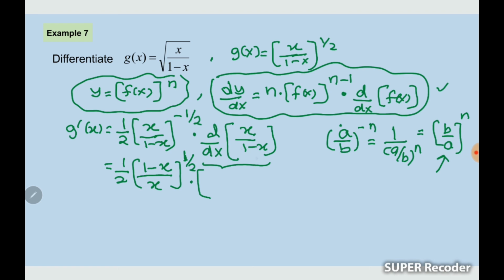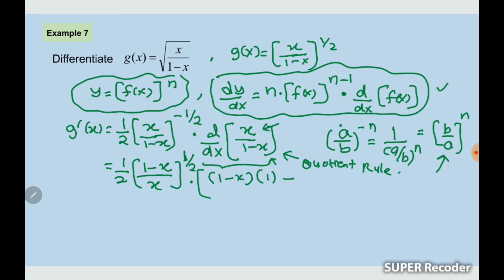To differentiate x over 1 minus x, you need to use the quotient rule here. So the quotient rule says (v u prime minus u v prime) over v squared. So v is 1 minus x. Now we differentiate x, differentiate x is 1.